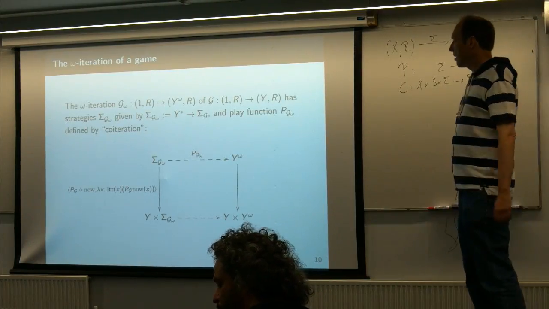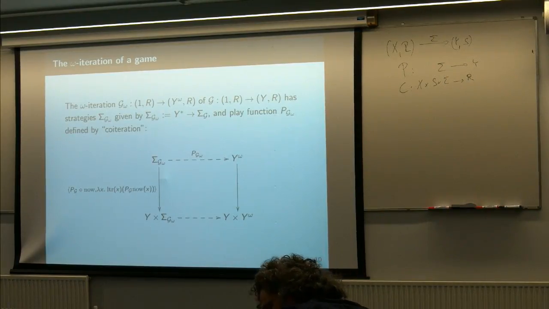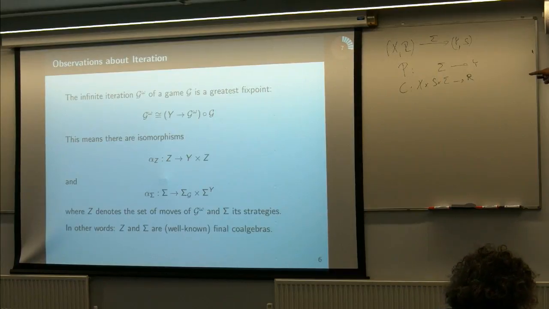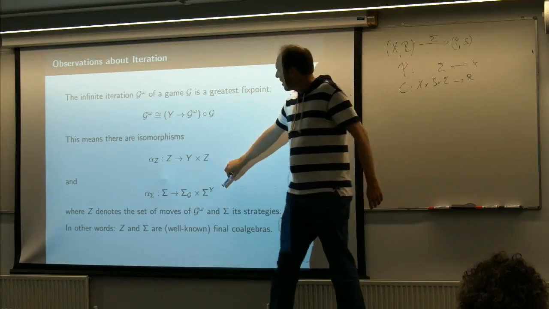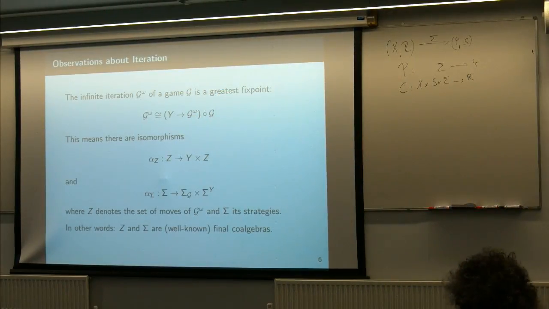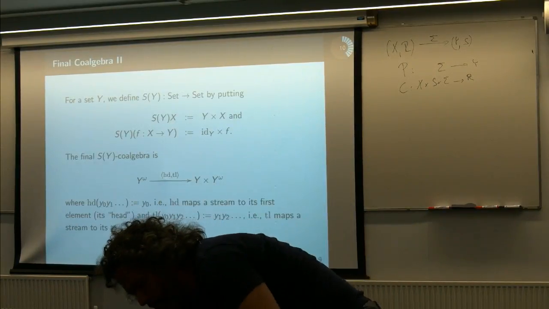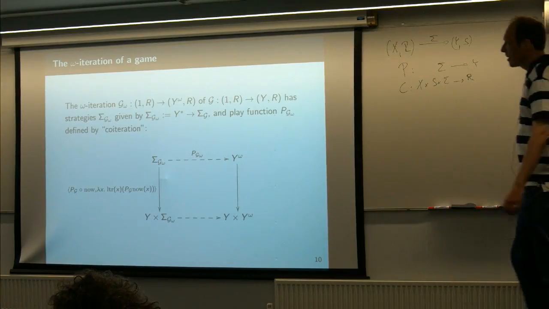And now, as I said before, we have these coalgebras as part of the iterated game because of this kind of high-level observations I made here. So therefore, it shows up now when we define the omega iteration.